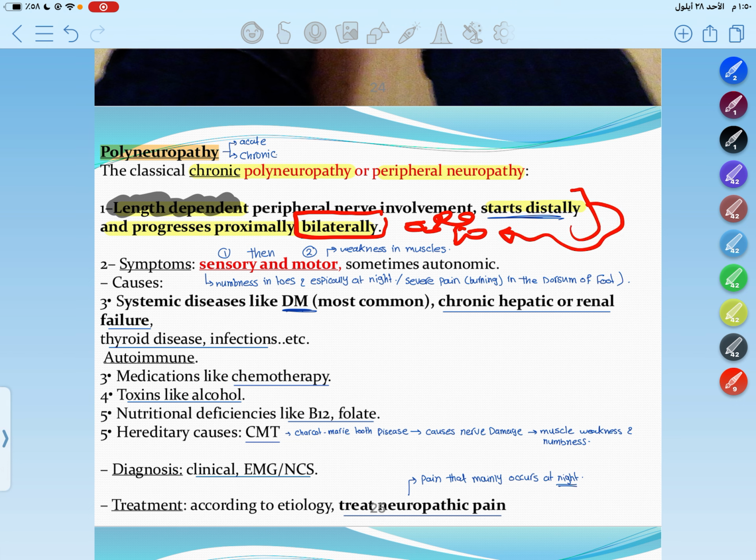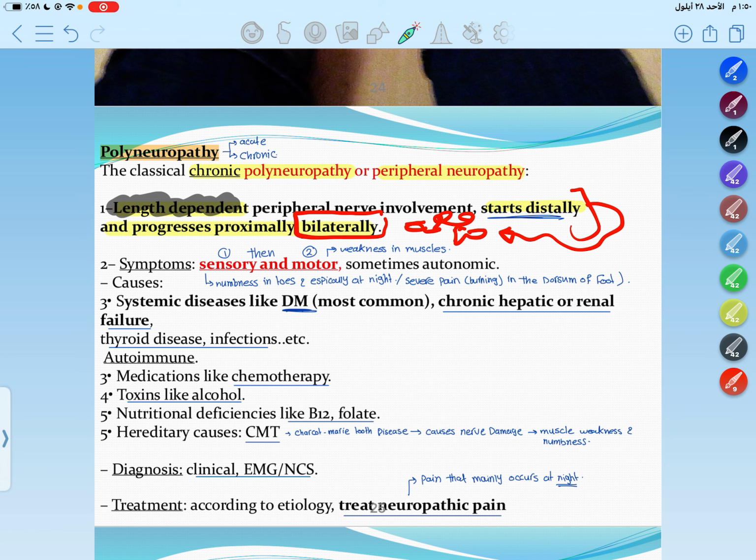And the patients usually start with sensory symptoms, especially those who have risk factors like diabetes. They give a history of pain at the feet, burning pain. Doctor, I can't sleep at night, it feels like hot coals at the sole of the feet. Burning pain, constantly moving the skin.